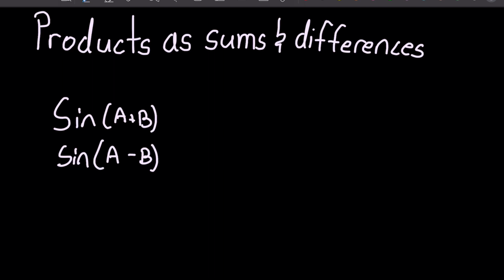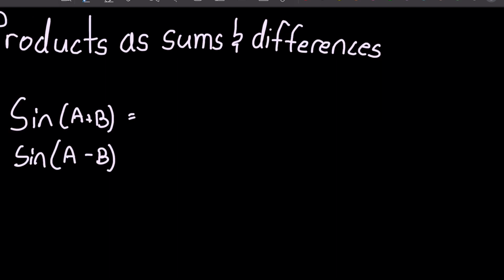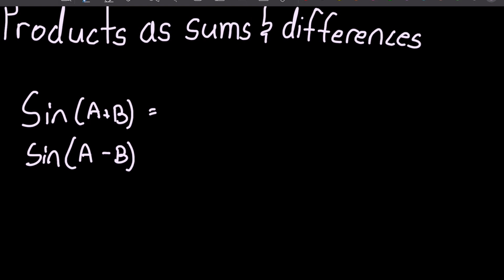Earlier I said that you could add these, right? So how would you do this? If you wanted to add sine a plus b to sine a minus b, first let's just expand it. We know from one of my previous videos in trigonometry, which I'll link, that the expansion of sine a plus b is sine a cos b plus cos a sine b.